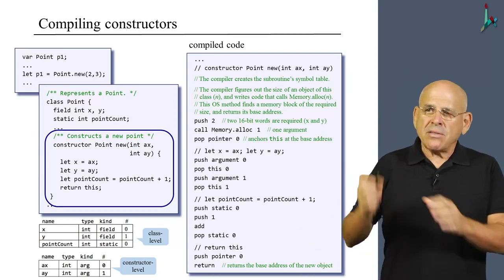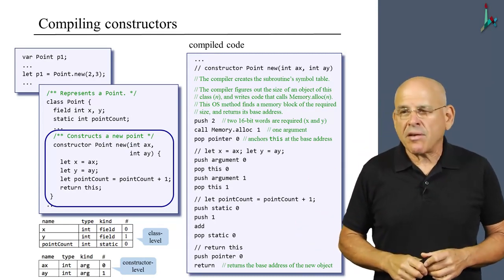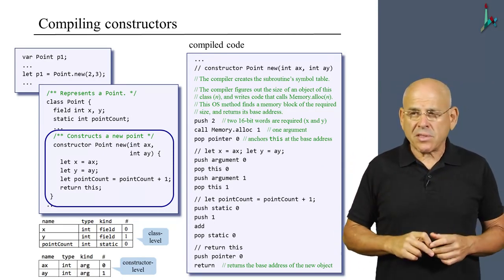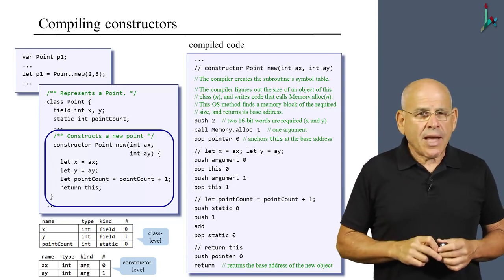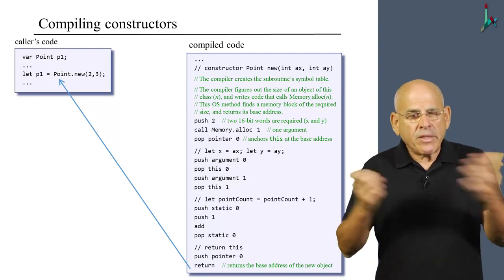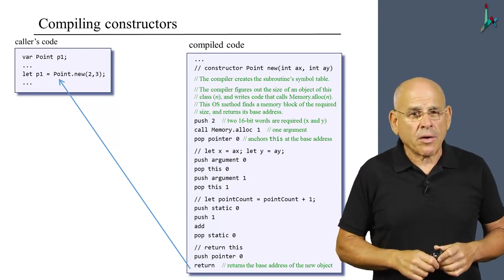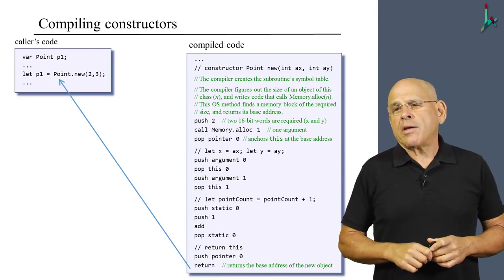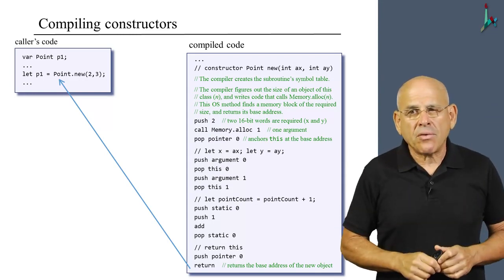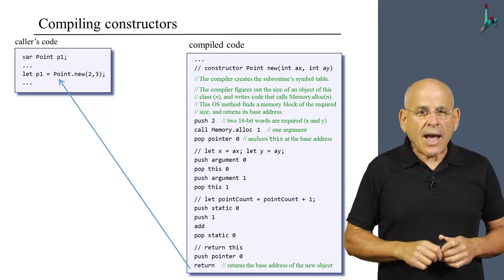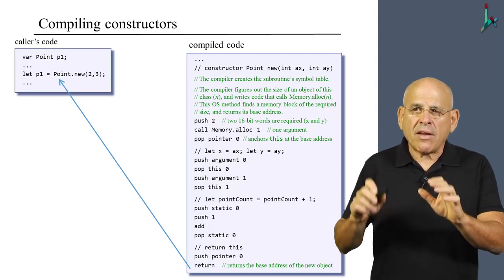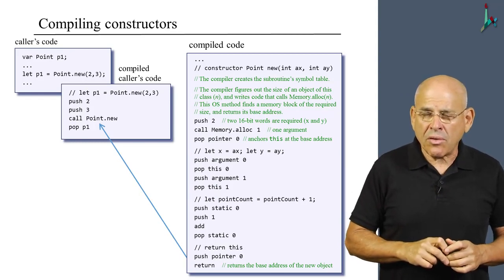But as you can imagine, this code will be very similar for many other constructors as well, in principle, of course. Now, what do we do with this return address? Well, let us remind ourselves where we started. We started with some caller issuing a call to the constructor's code. So I'm returning the value to this location in the high-level code, and it will be more clear if we think about the compiled caller's code.